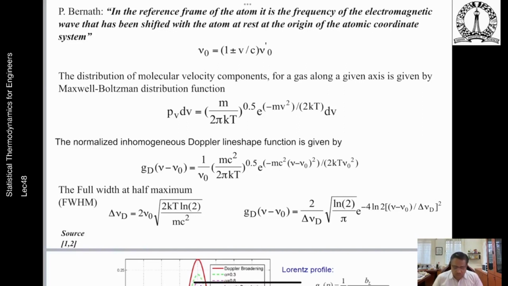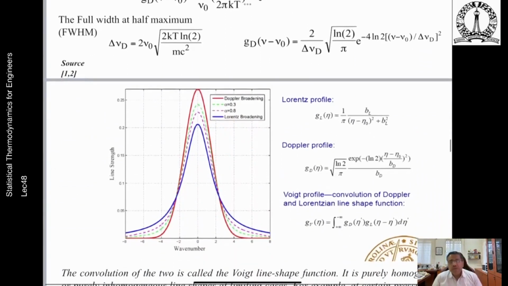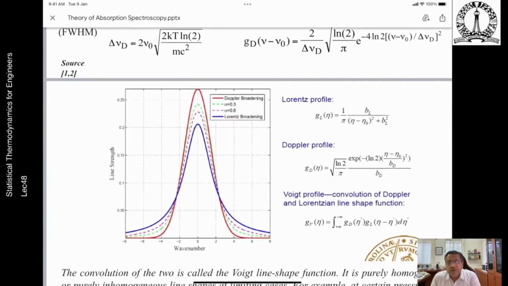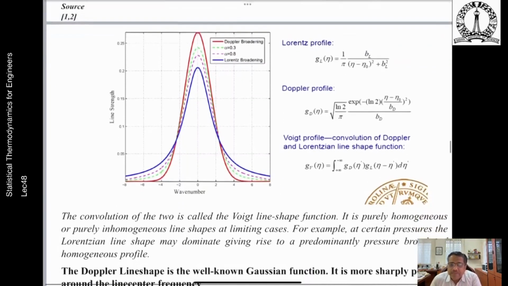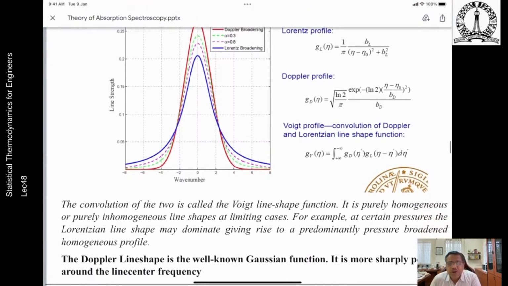If we now look at the profiles, the Lorentz profile is Lorentzian in origin, and you can see that it is a little wide at the base, and the Doppler is narrower. The convolution of these two profiles is called the Voigt profile, with purely homogeneous or purely inhomogeneous line shapes at the limiting cases.